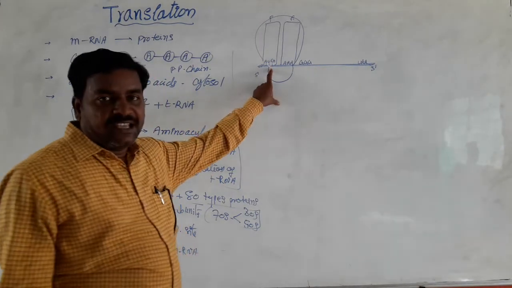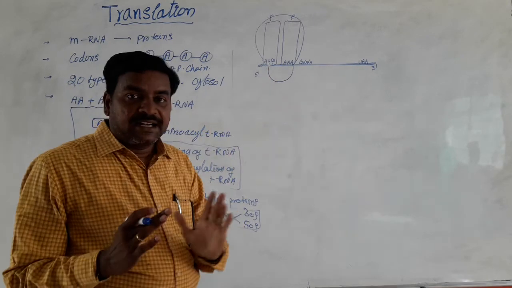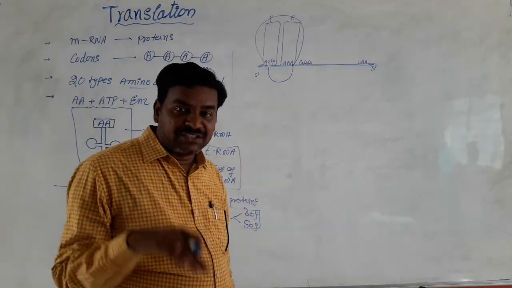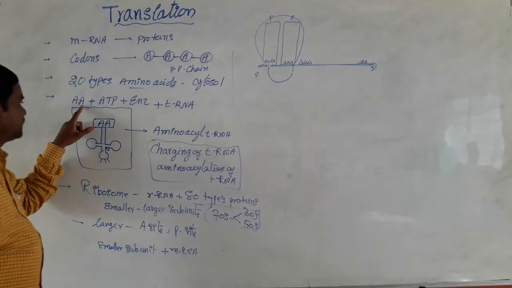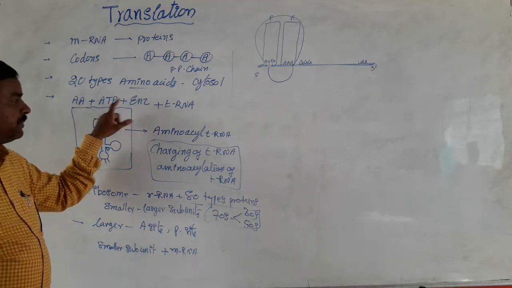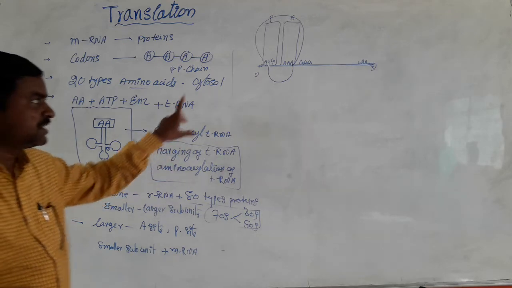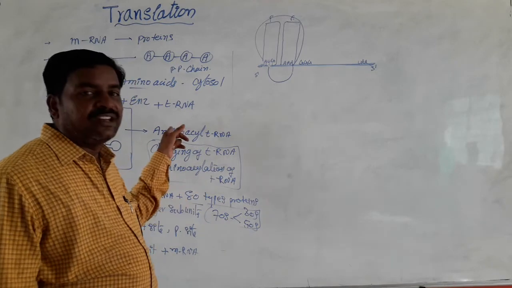Now the tRNA for the AUG codon recognizes methionine. Methionine is transferred by a specific tRNA. This tRNA recognizes methionine, and in the presence of one molecule of ATP and an enzyme, the tRNA responsible for the AUG codon is charged with the methionine amino acid.